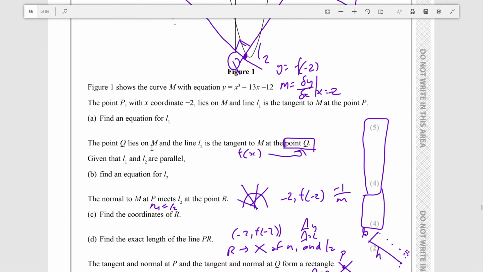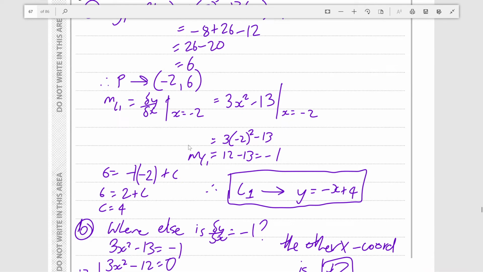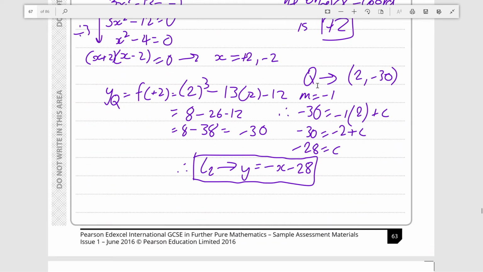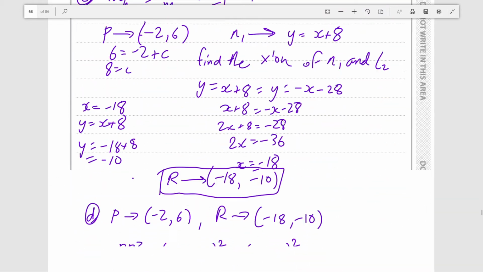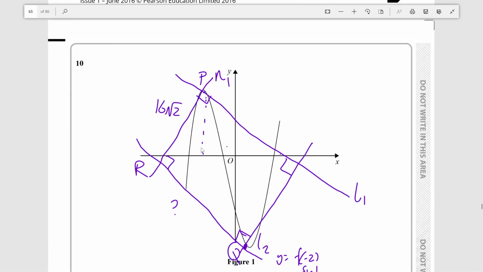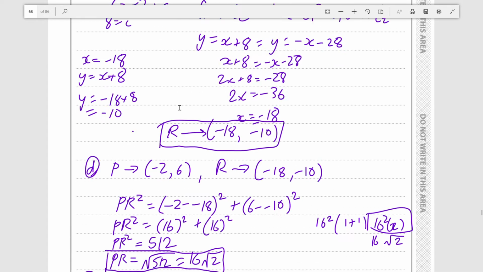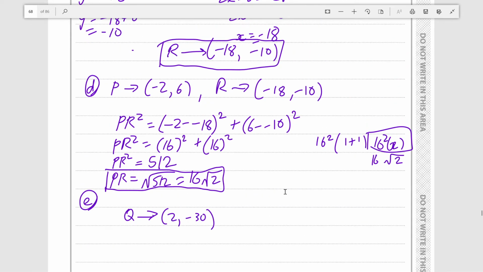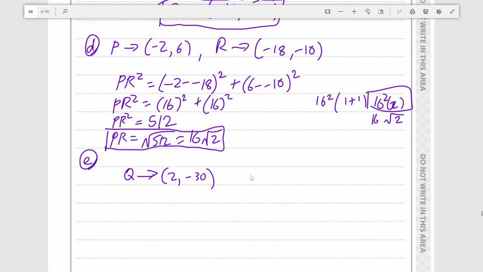So once again, we refresh our memory with the fact that Q is 2, -30, and we are taking the distance to it from the point R, which is the intersection of those two lines earlier. So we have R is -18, -10.